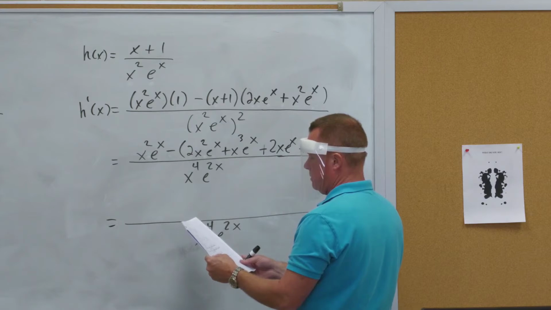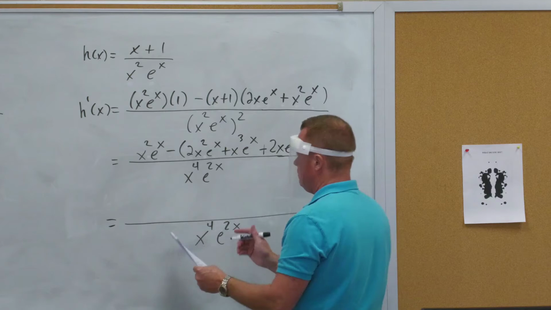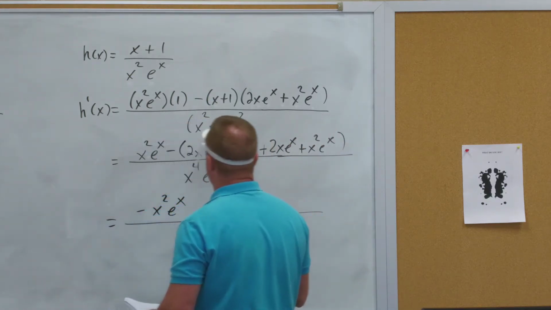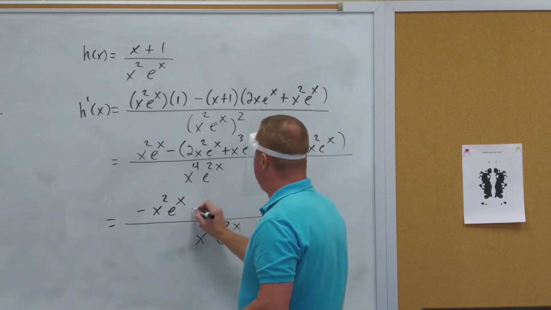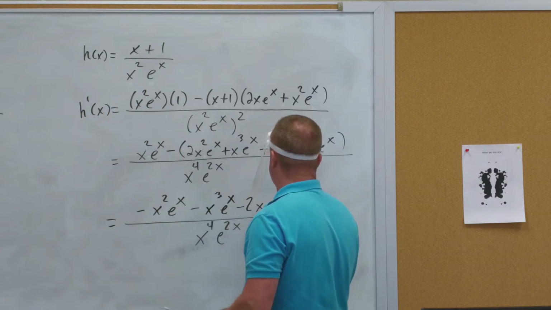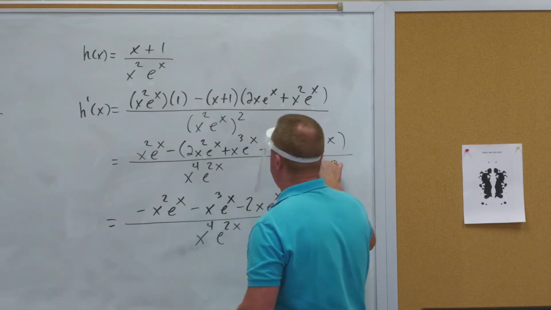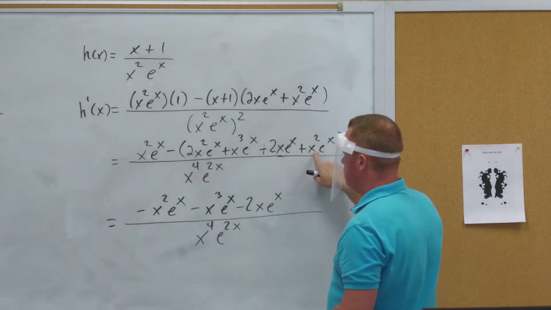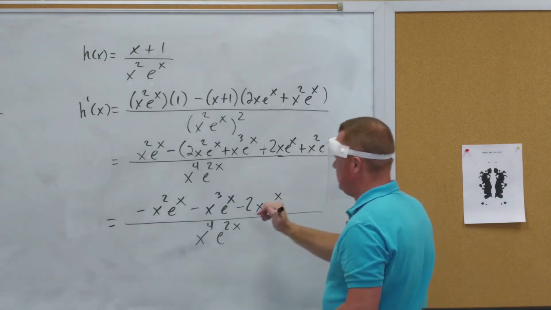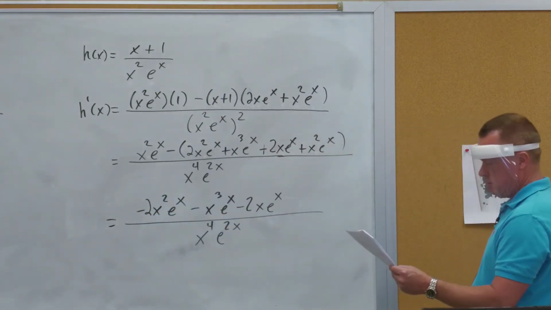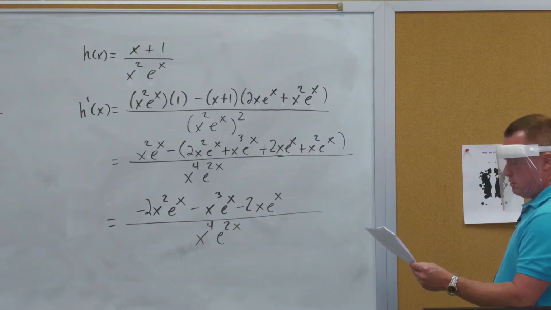Okay? So let's do that. So minus x squared e to the x. And then that'll be a minus x cubed e to the x minus 2x e to the x. Got another one there. So that will give me 1 minus 3, that'd give me a negative 2x squared e to the x. Okay?